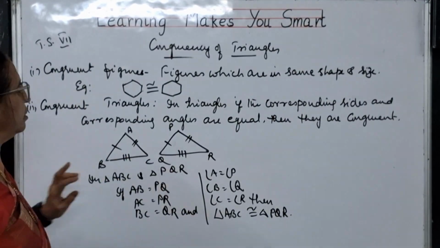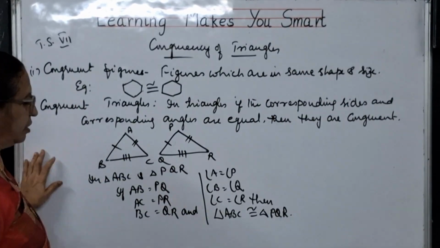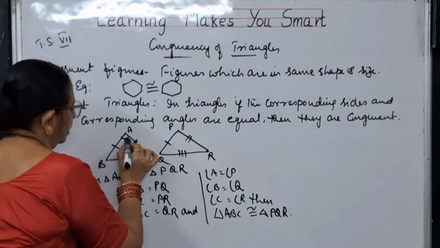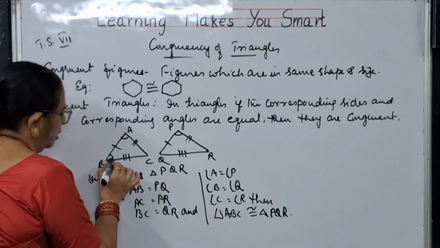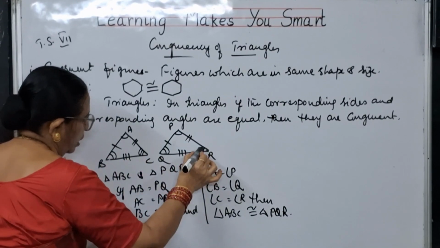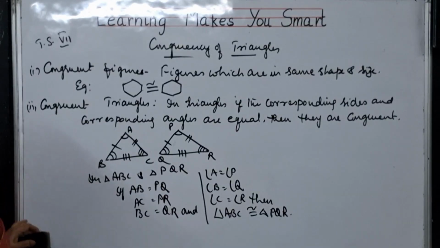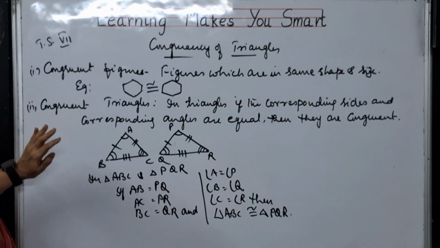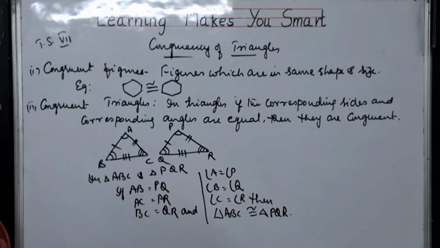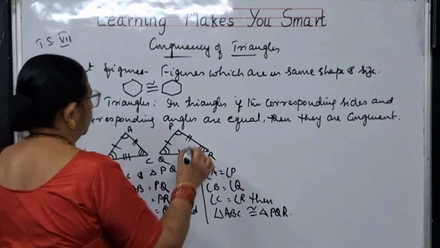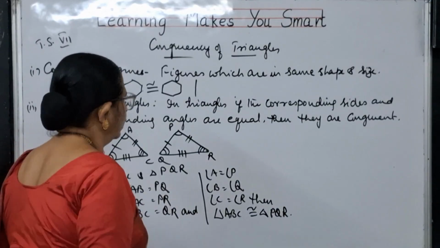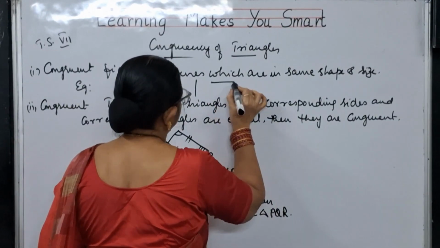Their corresponding sides should be same as well as their corresponding angles are same. Angle A is equal to angle P, angle B is equal to angle Q, angle C is equal to angle R. This kind of mentioning we call them as congruent triangles. Congruent figures means you will be having figures which are having the same measures.